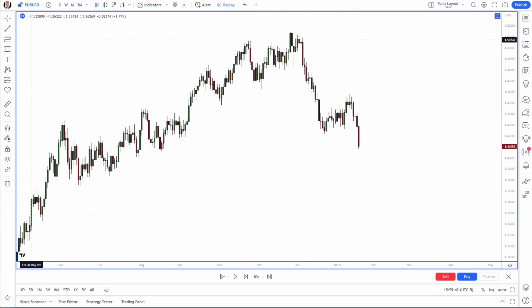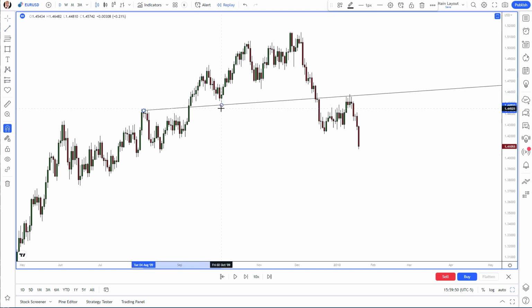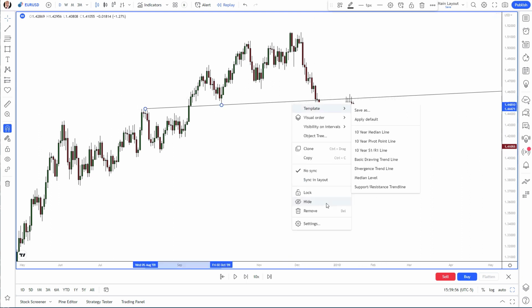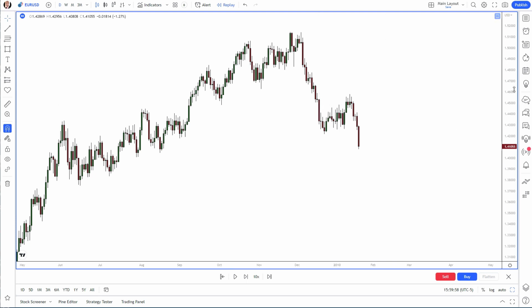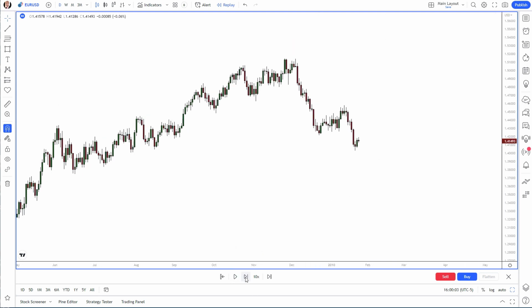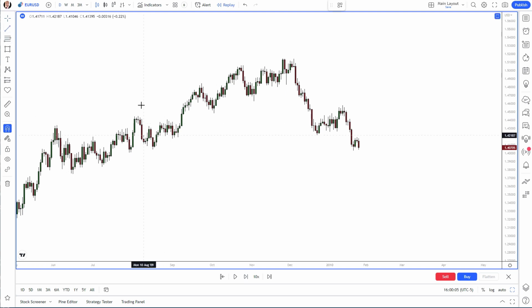But you can see how, again, take this tool, this absolute top to this absolute bottom, and that would have been a nice trade to let go for, I don't know, 300, 500 pips plus. So the market keeps on going, and again, we can adjust.